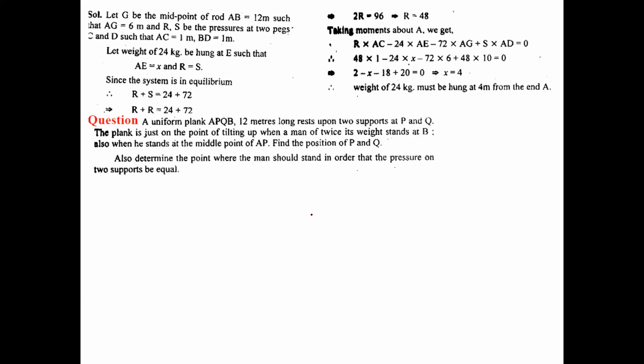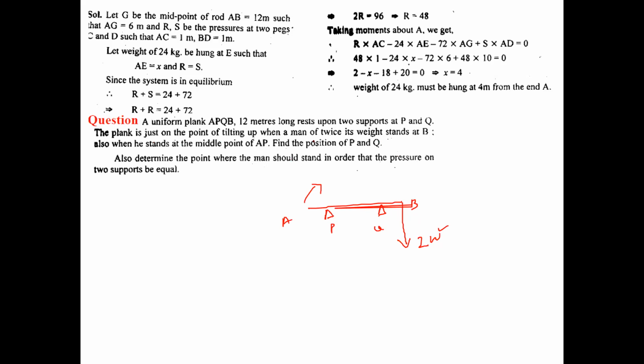Suppose this is the plank and I have placed 2 supports here, this is at P, this is at Q, and when the man puts pressure on point B equal to twice the weight of the plank, suppose the weight of the plank is W, then with the man's weight twice that, it will tilt up like this. So point A will go upward.